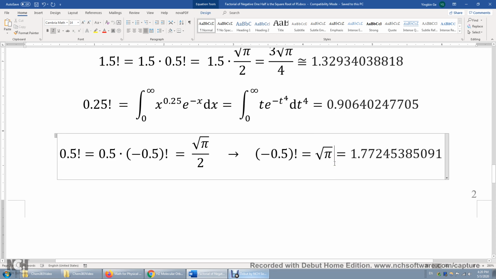Well, it's very easy because this guy, negative 0.5 factorial, is equal to negative 0.5 times negative 1.5 factorial. So you pretty much just use this divided by negative 0.5. Therefore, the factorial of negative 1.5 is negative 2 times square root of pi.